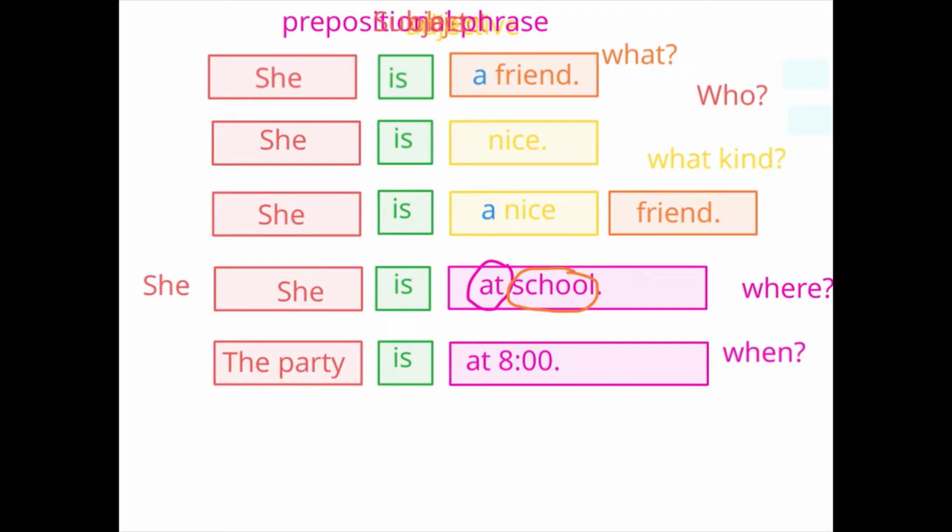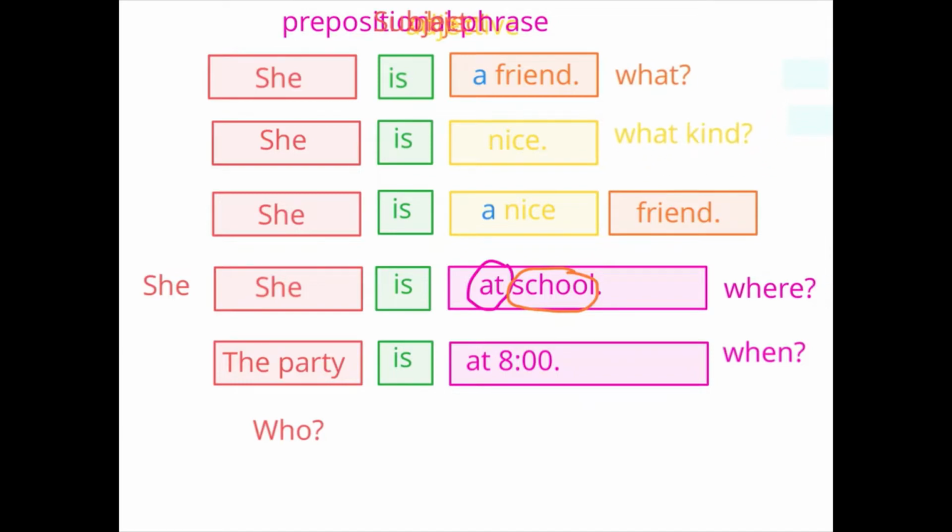So our sentences all begin by telling us who or what is it about, and then we're using the verb is, and then we can say is what, or is what kind, or is where, or is when. These are the types of sentences we have done so far.